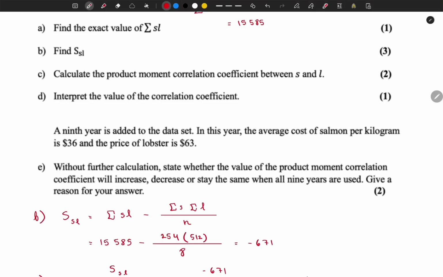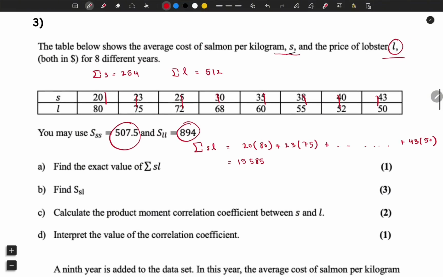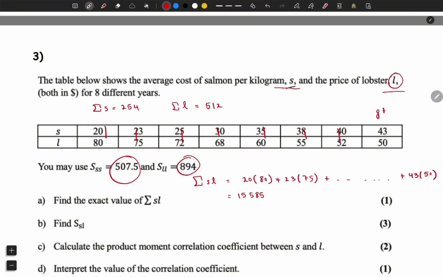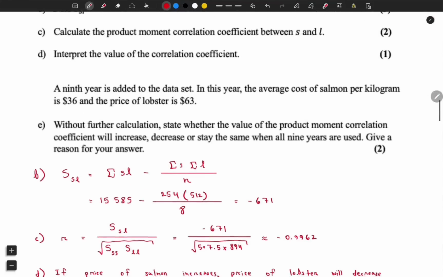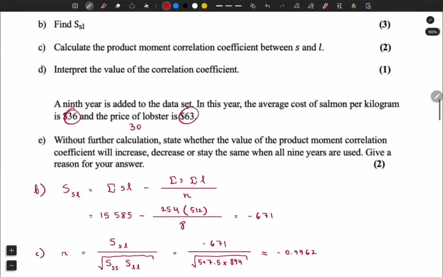So as you can see, if the salmon price decreases, the lobster price will increase. In the 8th year, which is this one, the difference is not much. The difference is only 7. But in the 9th year, the difference is almost twice. So the difference is 30, which means that the value of the product moment correlation coefficient will increase.